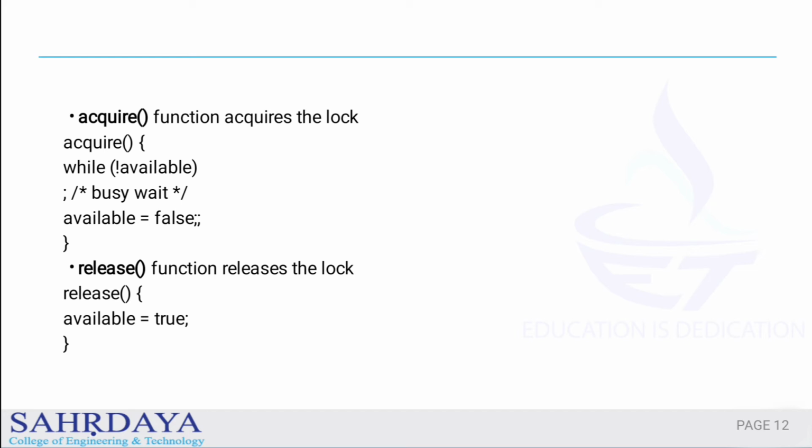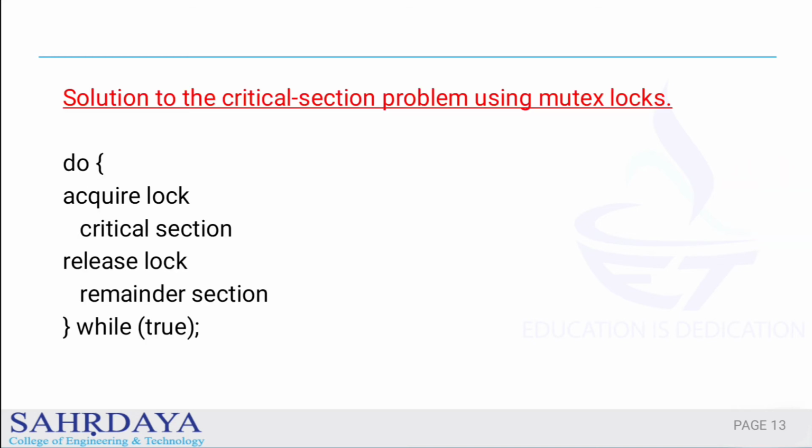Next is the release function: release() { available = true; }. This is the solution to the critical section problem using Mutex locks: do { acquire lock; critical section; release lock; remainder section; } while (true).